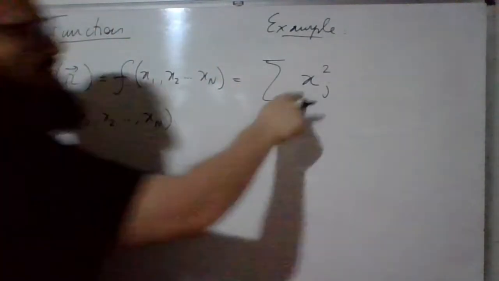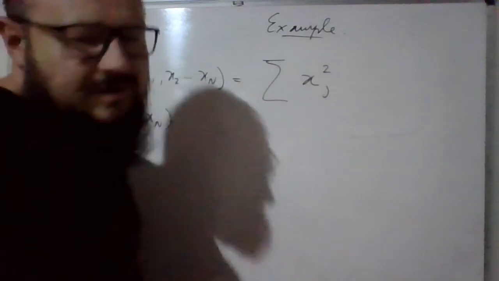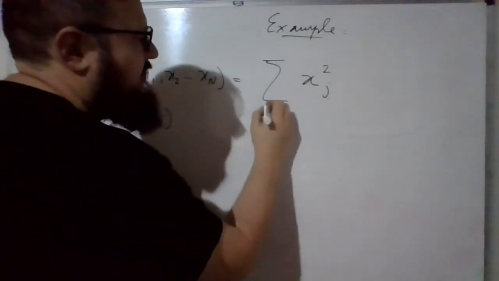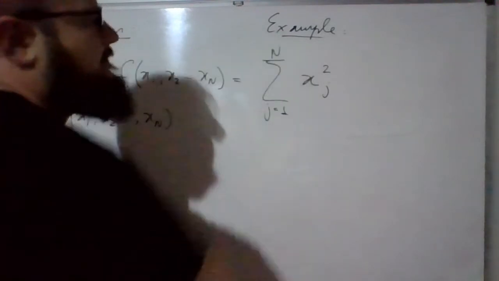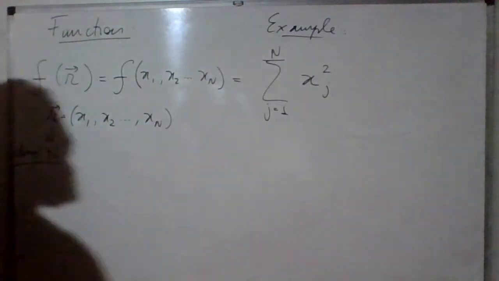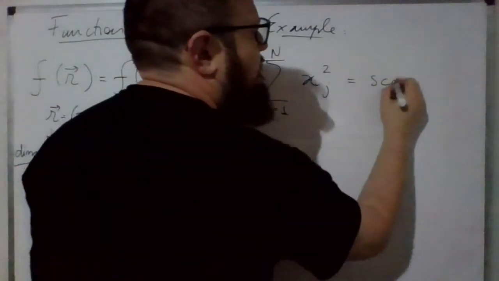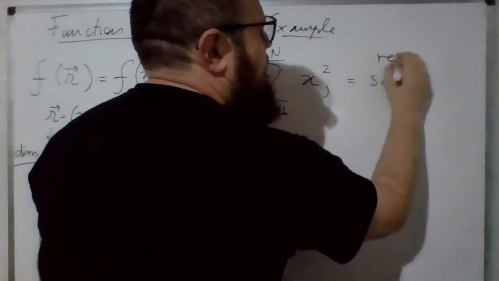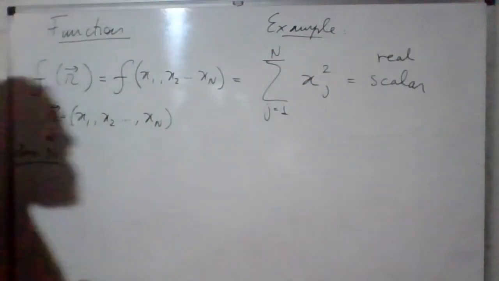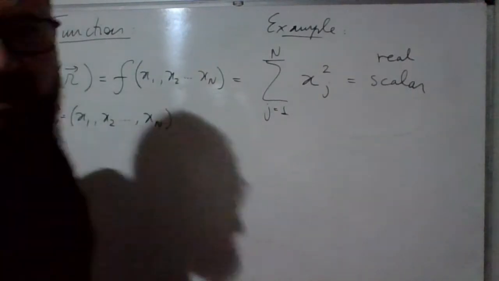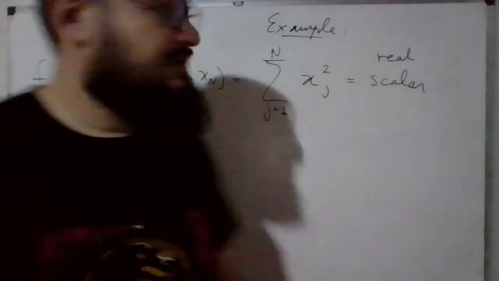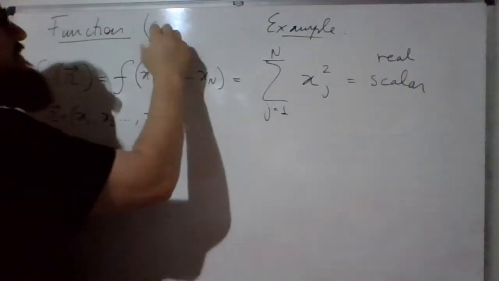You are summing over the squares of the values from j going from 1 to n. It gives you a number, a scalar. And in this case of real vectors, it gives you a real scalar. So this is a scalar function, okay? So it's a scalar function in this sense.